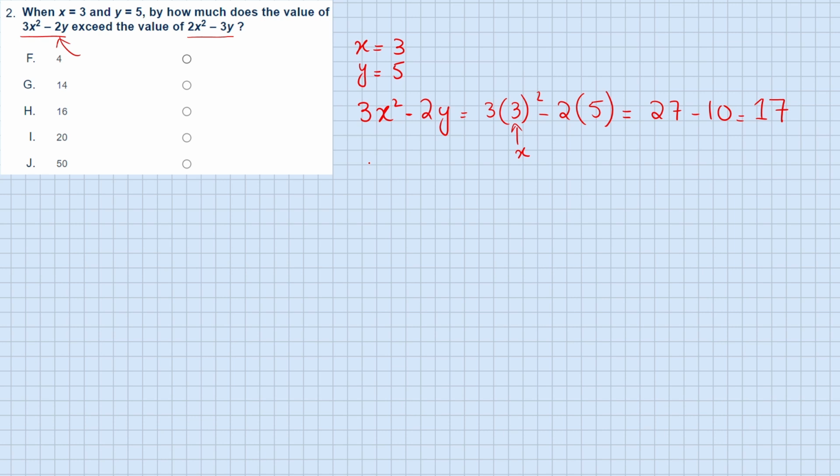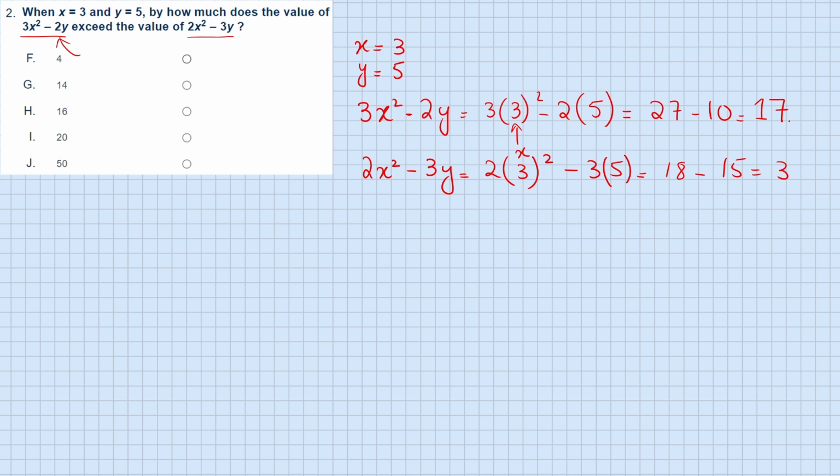The second expression which is given is 2x squared minus 3y. Similarly, if we substitute the values, we will get 2 times 3 squared minus 3 into 5. So it will be 18 minus 15, which equals 3.